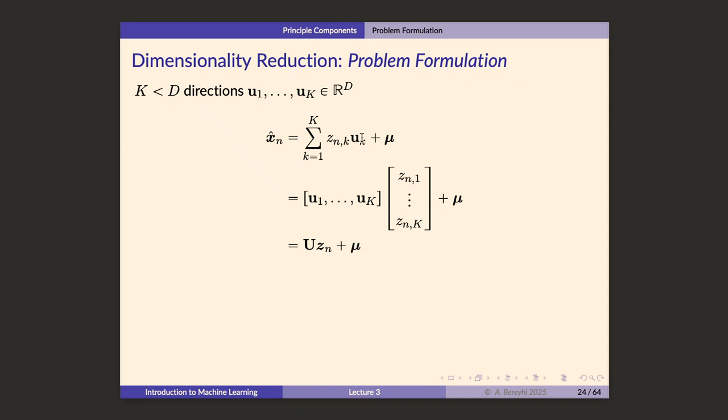In the example we had in the previous slide, k was 2, but now if we think of a general k, which is smaller than the original dimension of our data, then we're going to have these k different terms. For instance, this k is 10, but the original data size is 1000. So it's still much smaller than your original data dimension. So you have 10 different z's in that case, and then you multiply every single one with the corresponding u, right? And you just add it up.